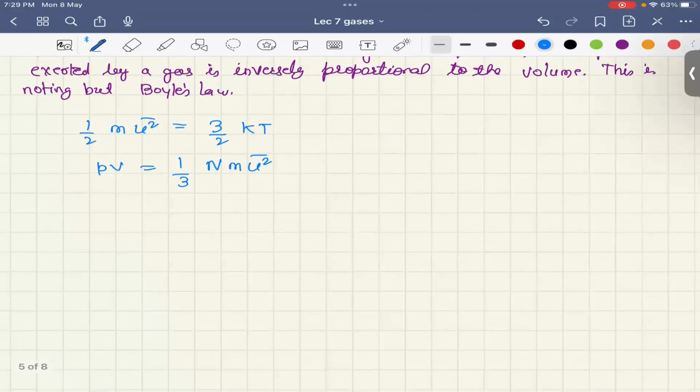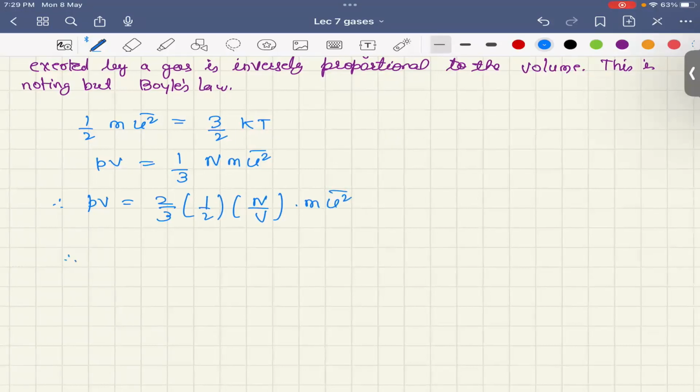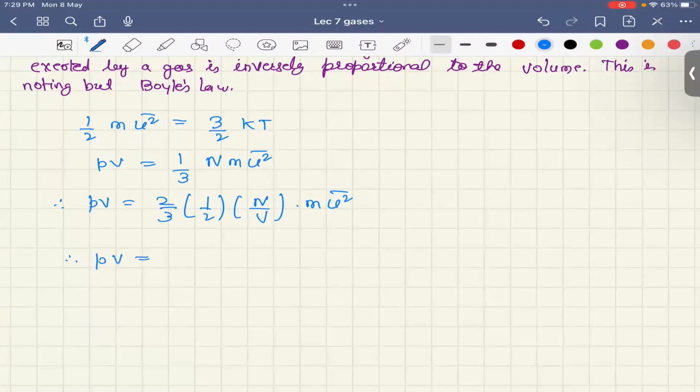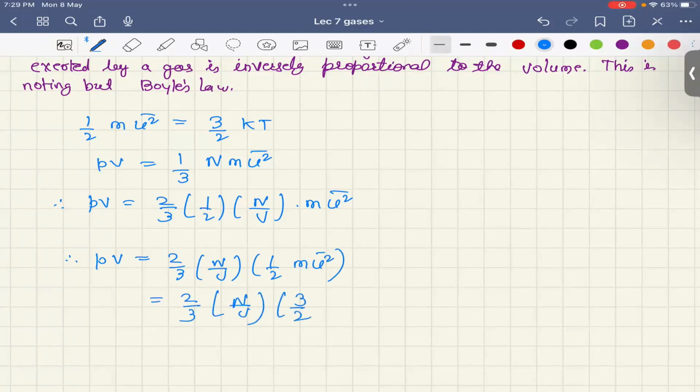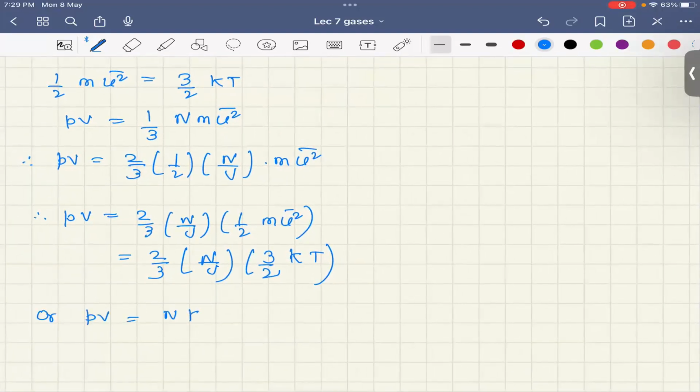Therefore, we can write PV is equal to 2 by 3 into n by v into 1 by 2 mu square bar, which is 2 by 3 into n by v into 3 by 2 kT, or PV is equal to nkT, right?